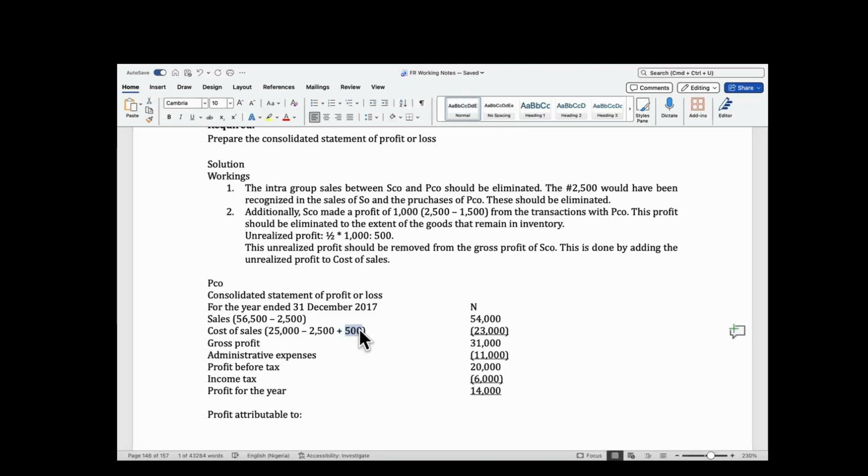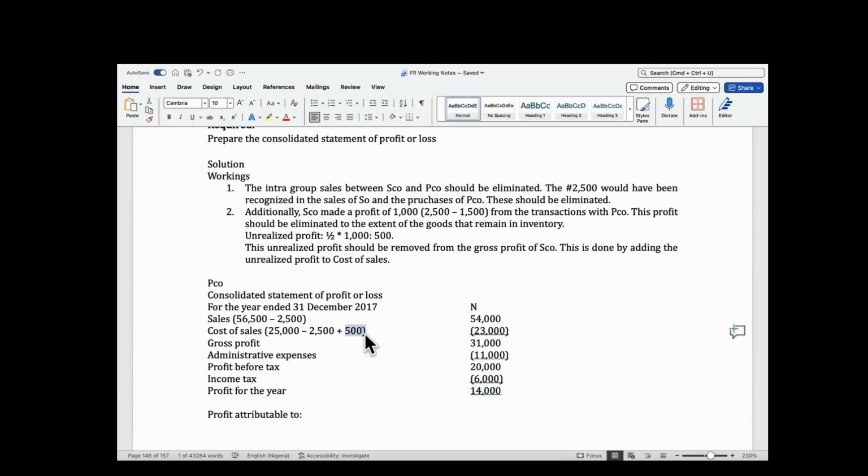That's why we'll usually adjust it from retained earnings, because this profit is usually transferred to retained earnings. And since it's a group adjustment, we need to impact it there as well as here.